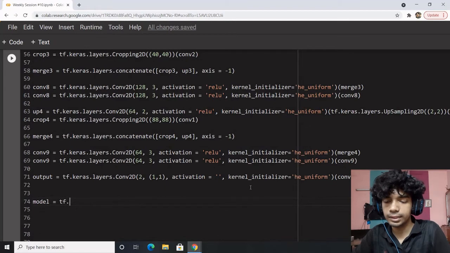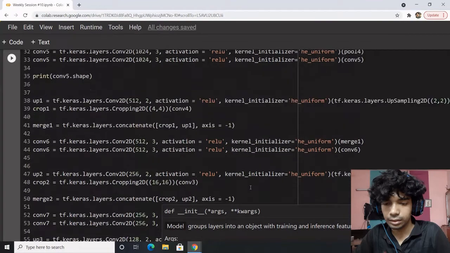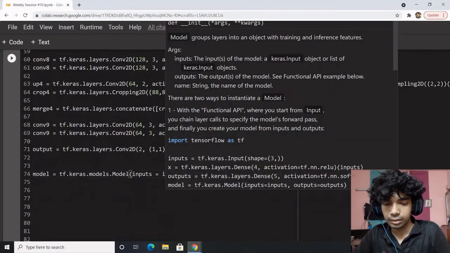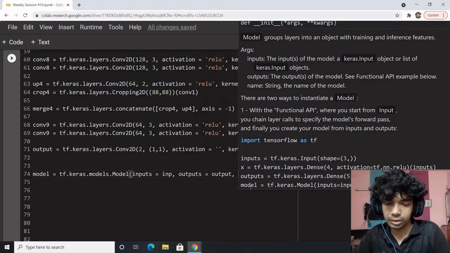Model would be equal to TF Keras models dot Model, inputs equals input, outputs equals output.